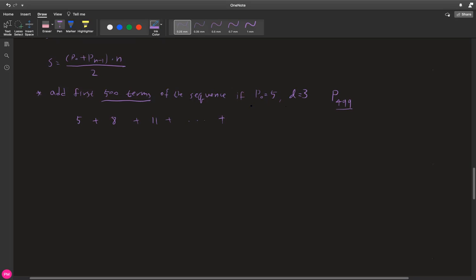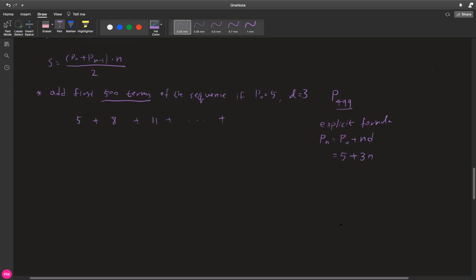If you want to create the explicit formula, we can simply use the formula that we created earlier to find that the initial population is 5, and we're simply putting 3 for d, so it's 3n.